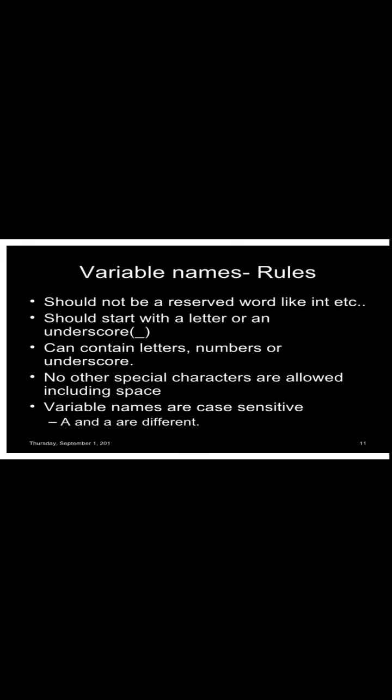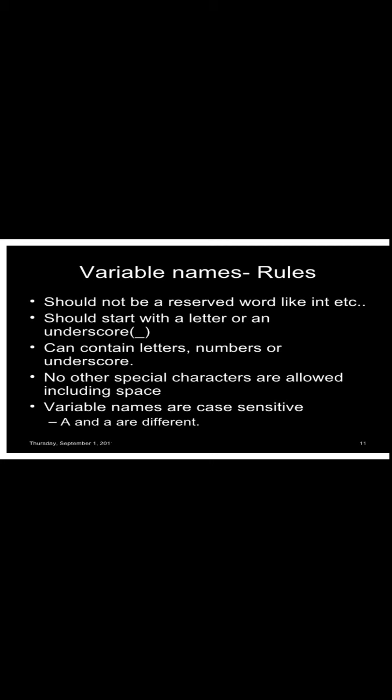Variable name rules. Variable names in C language follow some rules. The variable name should not be a reserved word. We do not use reserved words, such as if and while, which are reserved words of C language. It should start with a letter, and it may also include the underscore symbol.